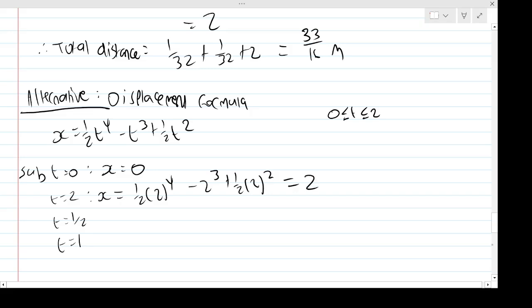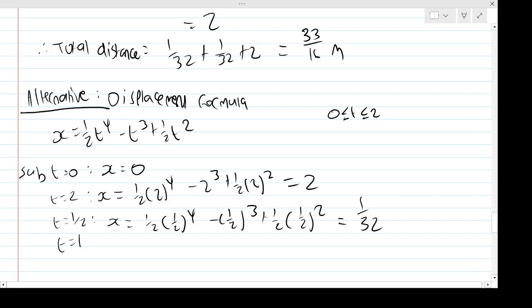Okay, and then when t is a half, x will be a half of a half to the 4 minus a half cubed plus a half of a half squared. Okay, so we work that out. We get 1 over 32.